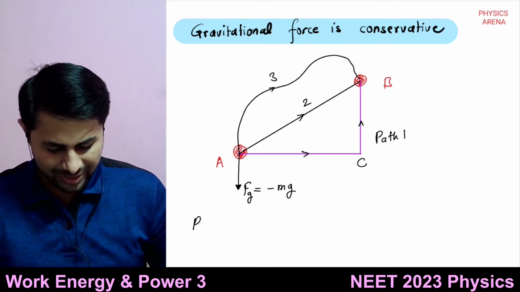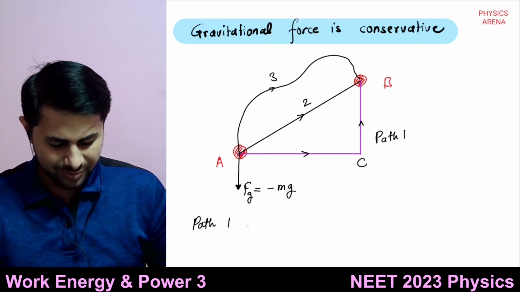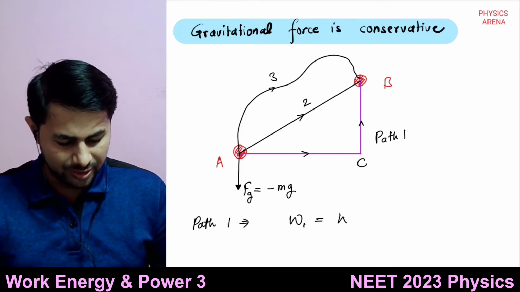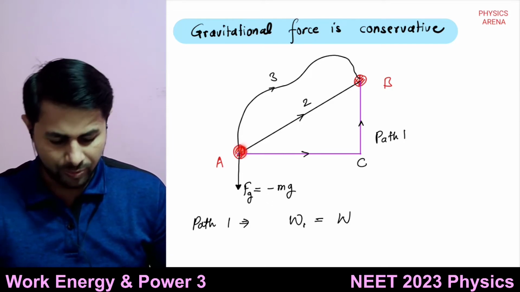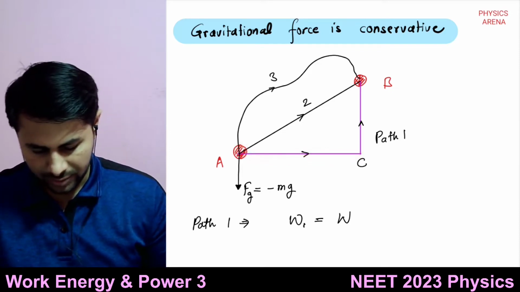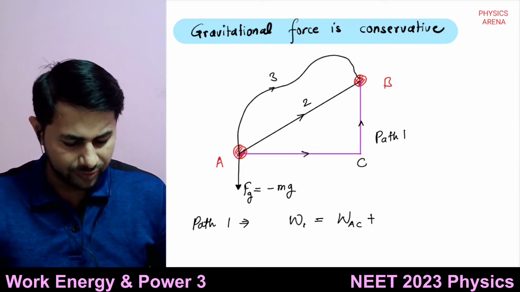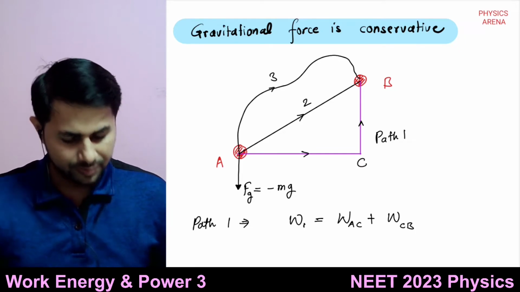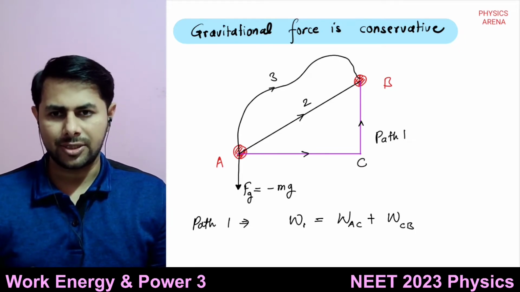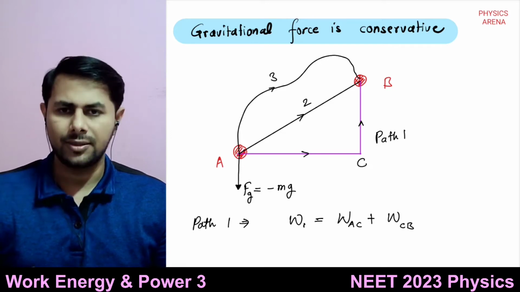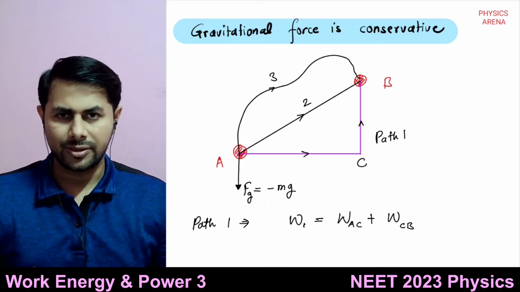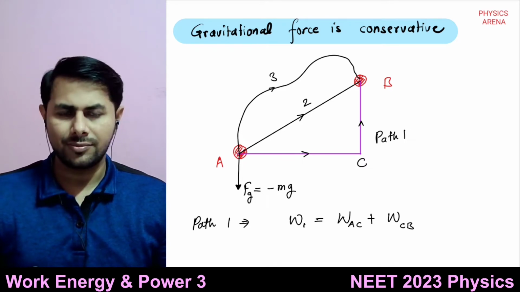Okay, so let's consider path 1. So total work done along path 1, I can say that it is equal to work done to move this ball from point A to C, WAC, plus work done to move this ball from C to B against the gravitational force. Okay, so what will be work done against the gravitational force when I move it from A to C?